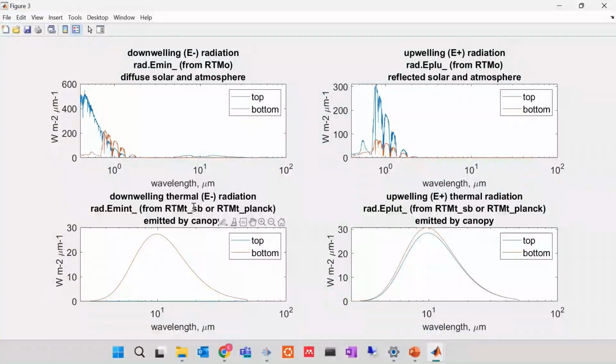They are computed either in RTMT Stefan Boltzmann or RTMT Planck. And again, when we propagate this from the bottom of the canopy towards the top, a little bit gets absorbed, but mostly it's still the same 30 microwatts per square meter per micrometer at 10 micrometers are lifted from the canopy.